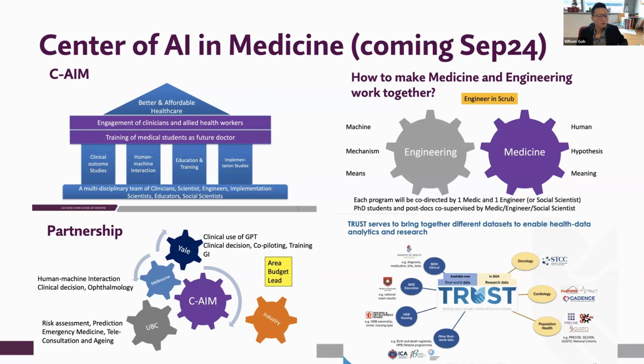In terms of partnership, we're looking to learn from a variety of different nodes and partners. So of course, Melbourne included, but we have also been talking to industry, UBC, and also Yale, and hopefully by building various communities of practice together, we can learn together and also see how we can synergize and strengthen our findings as well. One very interesting enabler is the establishment of our national data banks.